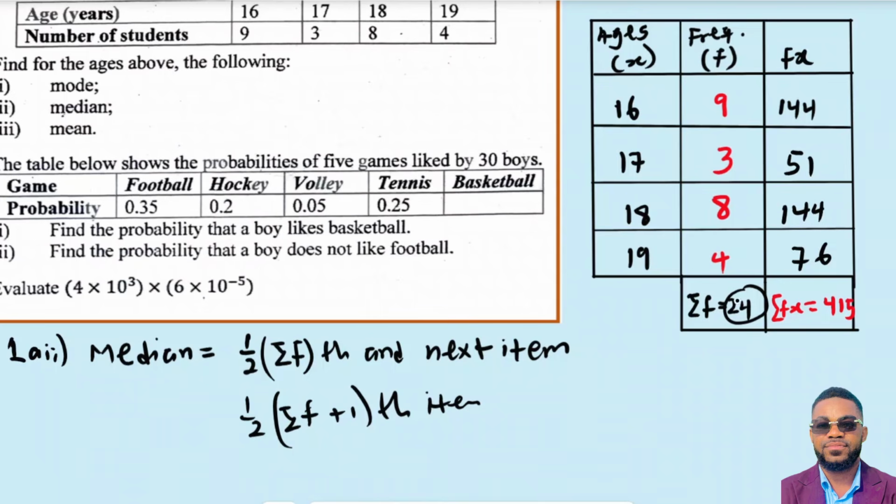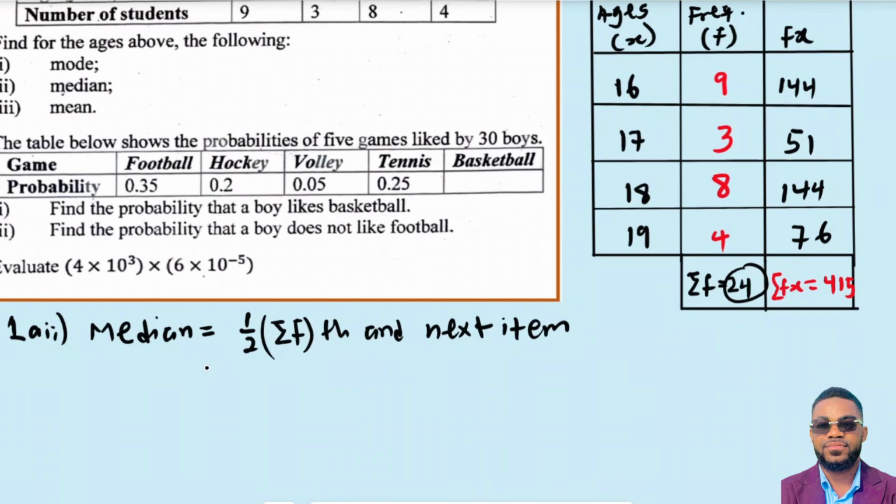But for even numbers, we have this one because whenever the data is an even number, we get two middle numbers. That is why we have the next item here. It's not confusing at all. So let's see how we're going to use this formula to get the median. So we have half of sigma f, which is 24, an even number.